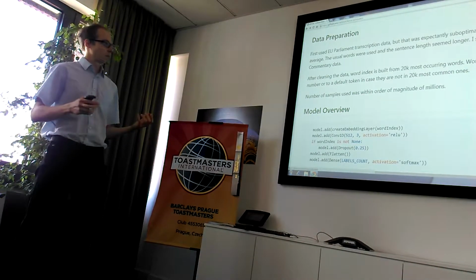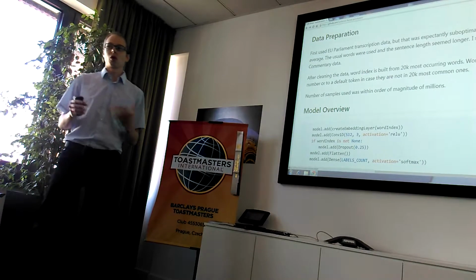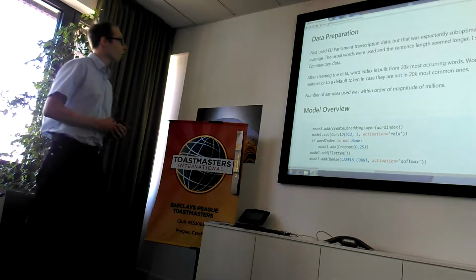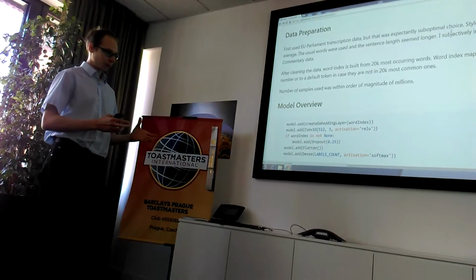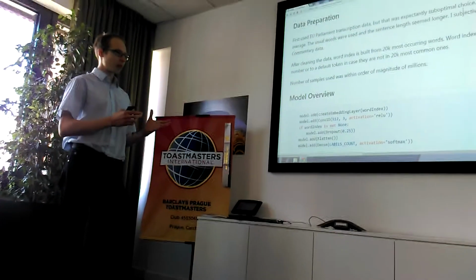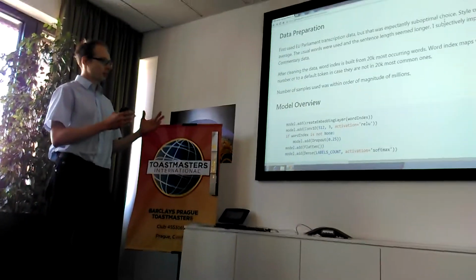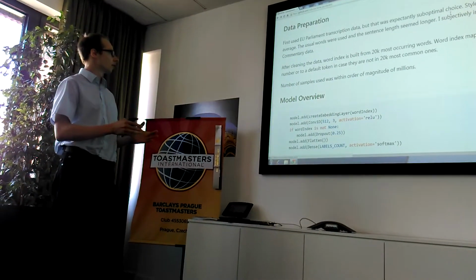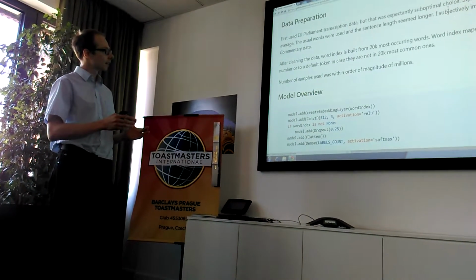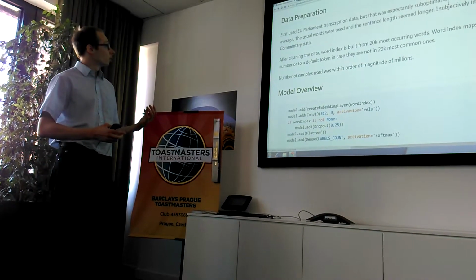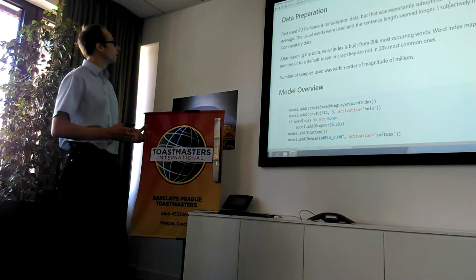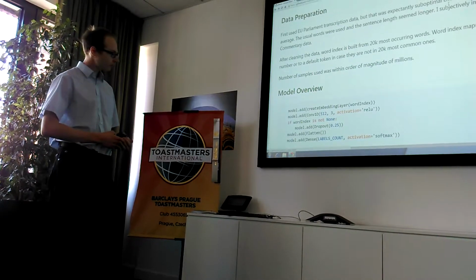So to explain this project, I would like to go through the basic data flow, how sample data or training data flows through the different layers, and what the actual output is. So the first step is data preparation.